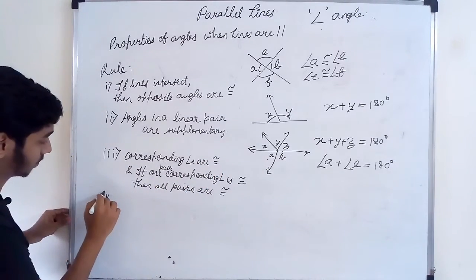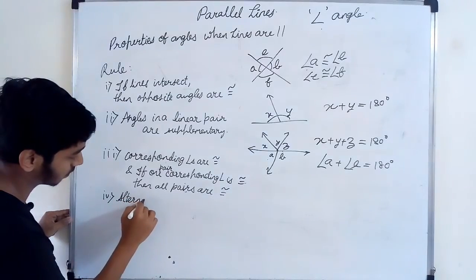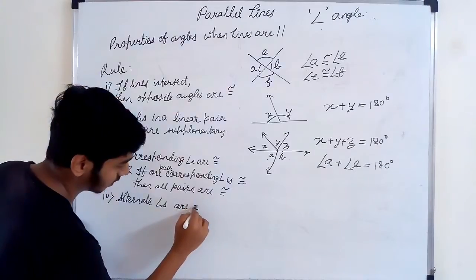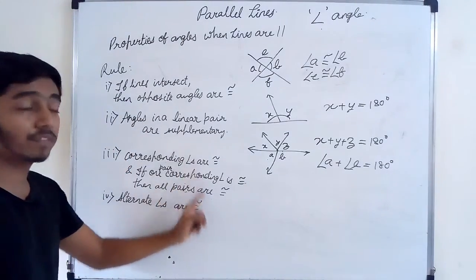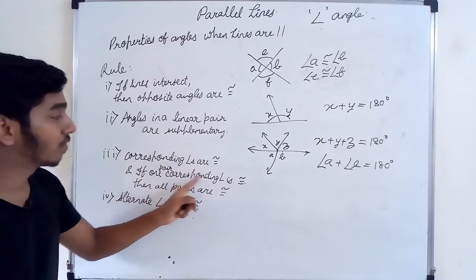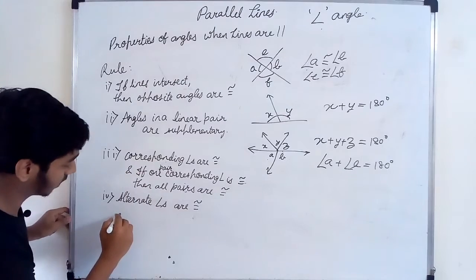Let's see for alternate angles are congruent. Same for alternate angles also. If one pair of alternate angle is congruent, then all pairs are congruent. Therefore, we'll write that.